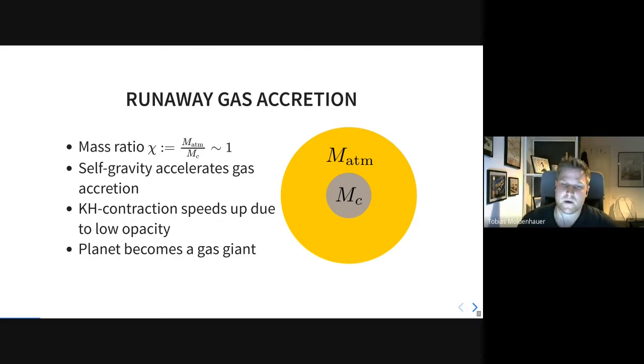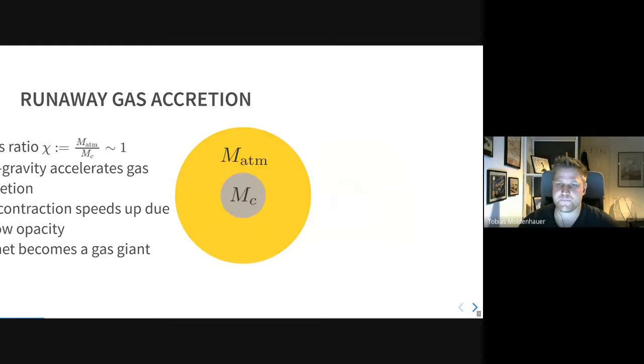And if you have a low opacity, then this process is fast enough to suck up all the available gas in the orbit of the planetary core, and your planet will become a gas giant within the lifetime of the circumstellar disk. So this is the process that makes gas giants, called runaway gas accretion.